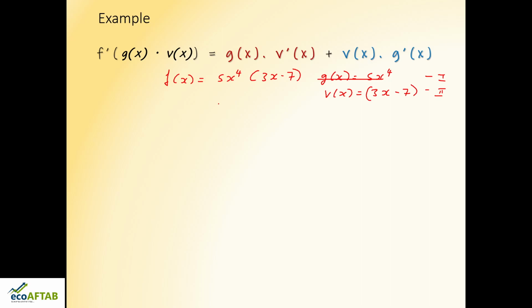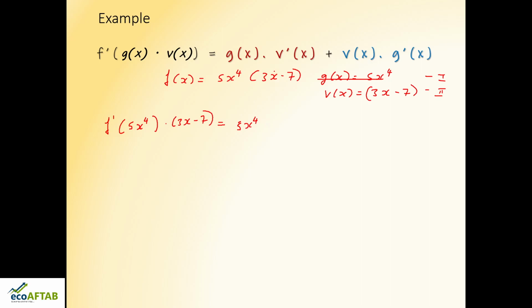So, friends, I will write it like this: f prime of 5x raised to 4 into 3x minus 7 is equal to, now the first function is 5x raised to 4 and we need to have the derivative of the second function.